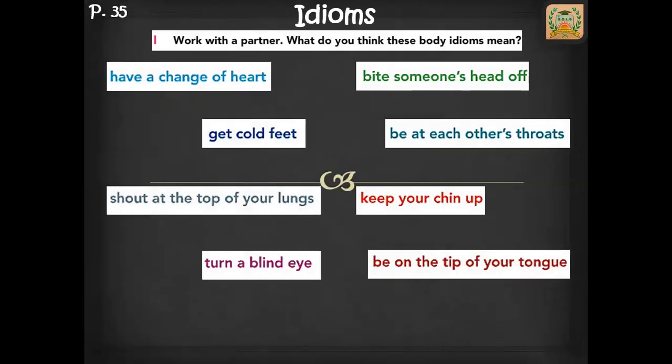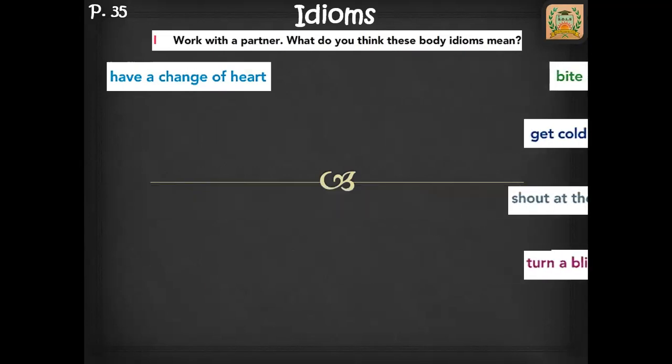The last exercise is exercise E, and here we have some idioms. Of course, you know that some of the idioms are not translated letter by letter or word by word. No, it has a different meaning. So let's see the meaning of each expression alone. Number one, have a change of heart.